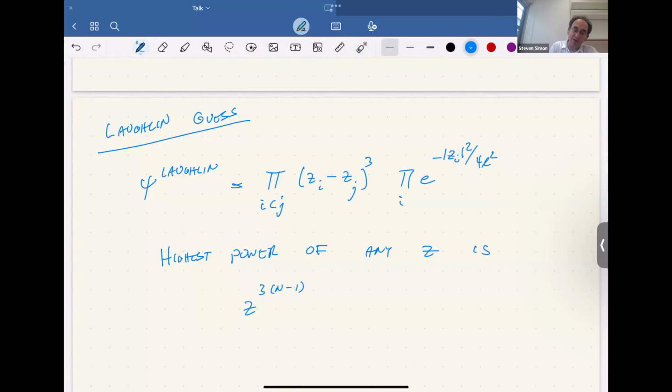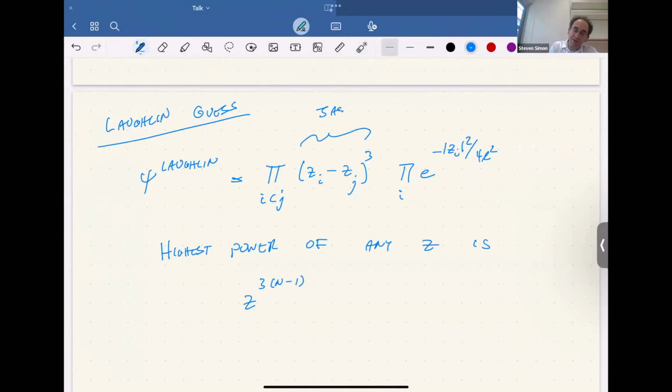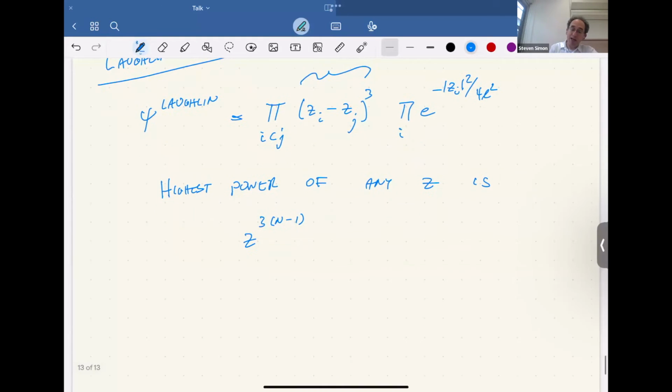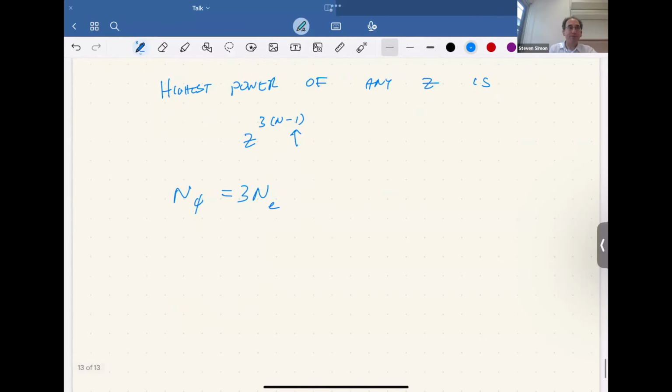These are known as Jastrow factors. Jastrow wrote down factors like this for describing nuclear physics much earlier, but this was the first time it was used in condensed matter. Well, actually, it's not true. It was used in other contexts as well. Anyway, they're called Jastrow factors for whatever that's worth. The highest power of any z is z to the 3 times n minus 1. Since n is a large number, we can drop this. So the number of flux, the highest power of z, is then 3 times the number of electrons, plus or minus 1. So that's good.